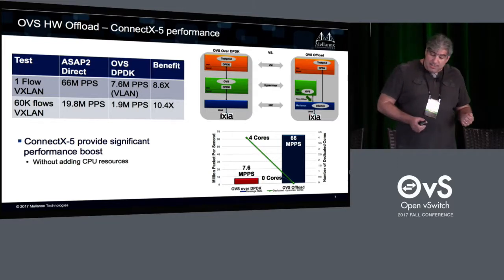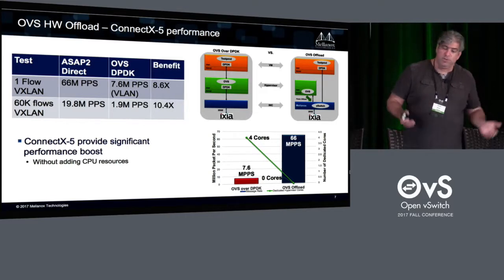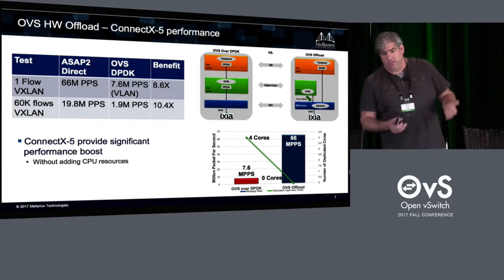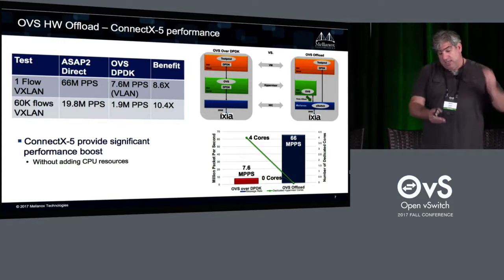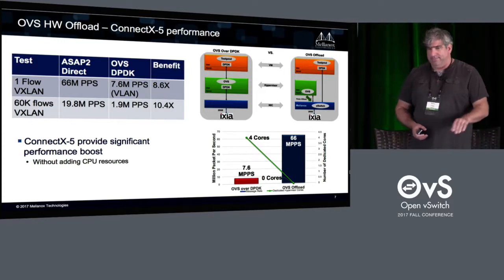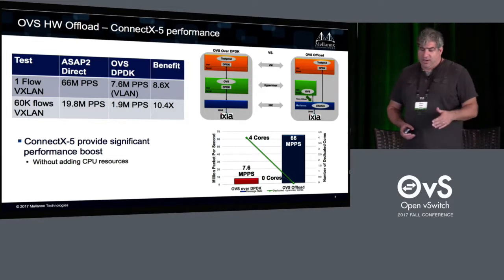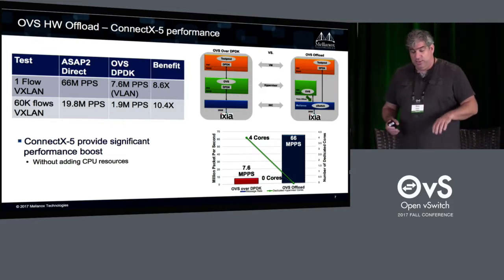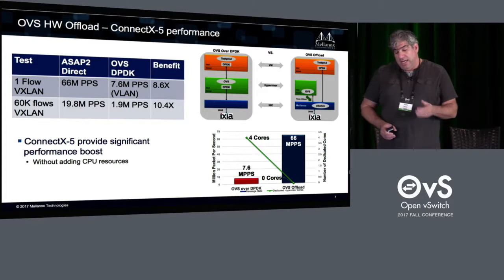We also did some tests on what happens when you have more flows. Of course, nobody uses 1 or 2 or 10K flows. Even 6K flows today, customers tell us, is a good morning startup. It's not a good number. It's something to start with.